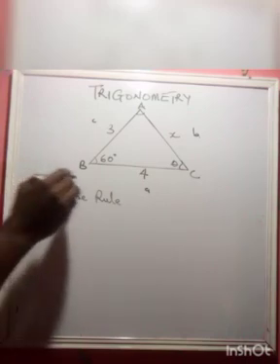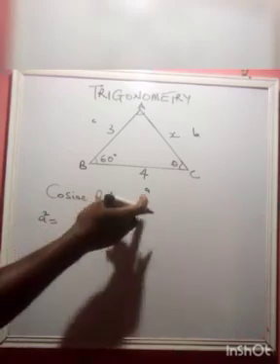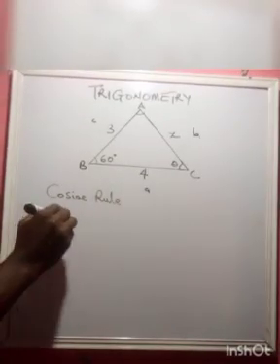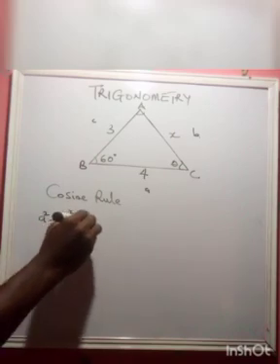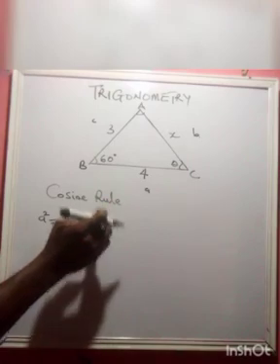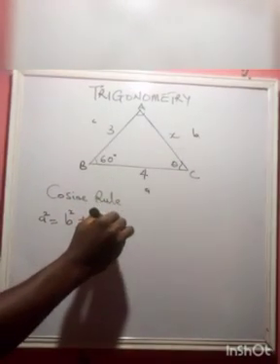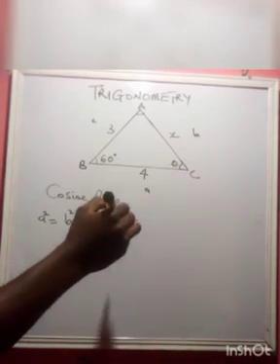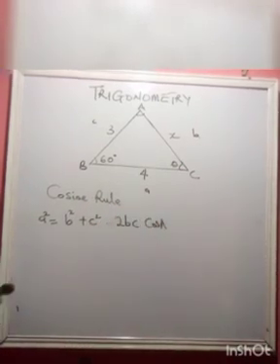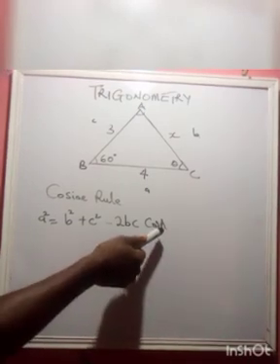So using the cosine rule, we'll try to derive the formula. If we want to look for the side A, we have A squared is equal to B squared plus C squared minus 2BC cos A. So for us to get our side A, we must first know what the angle A is.